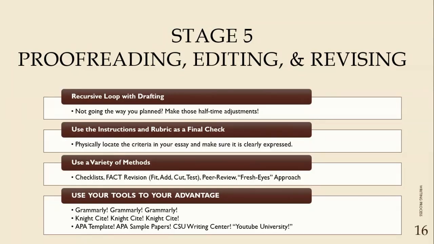It takes a little bit longer to do them, but it's a lot faster than trying to do it all freehand using the CSU reference and citation guide, which is 100 pages plus long. So I would definitely recommend using NightCite.